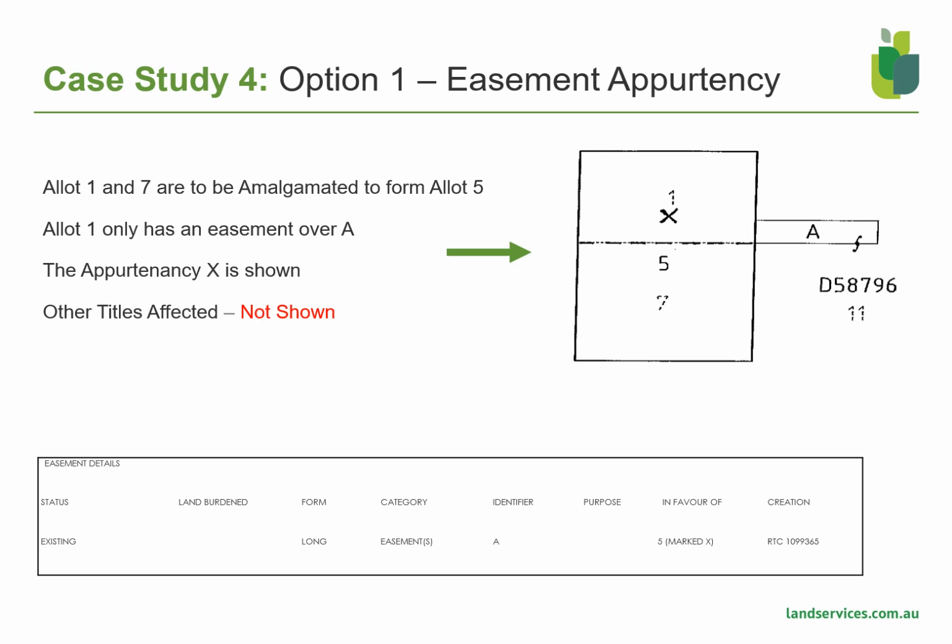The easement note below in the diagram shows that allotment 5 marked X has an existing easement over A.